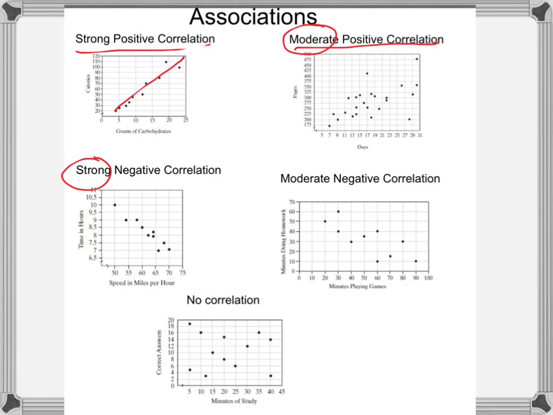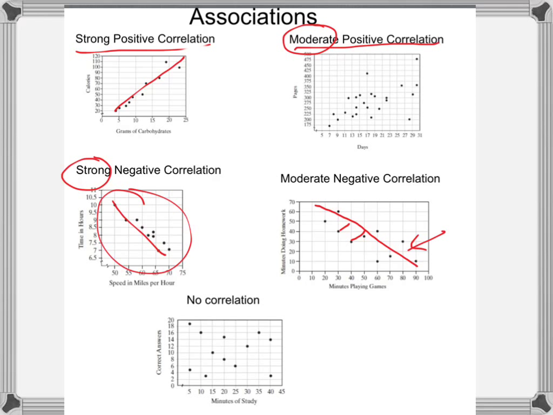Okay, a strong negative correlation is the same as a strong positive correlation, but the line would have a negative slope. And a moderate negative correlation would be the same thing, where if you drew a line trying to get to the middle of these points, again, we're going to talk about this line tomorrow. This is called the line of best fit. This line would have a negative slope, but most of the points would not be extremely close to the line.